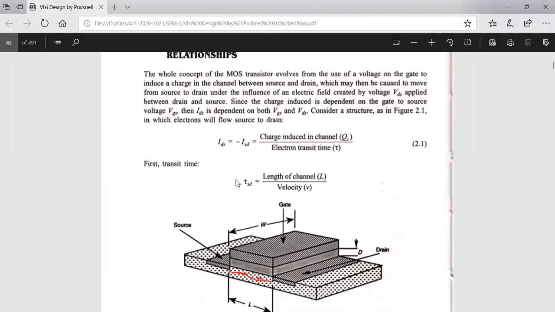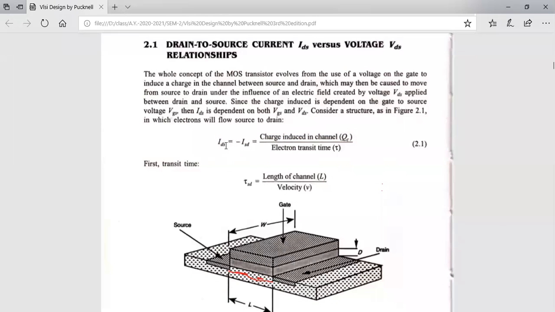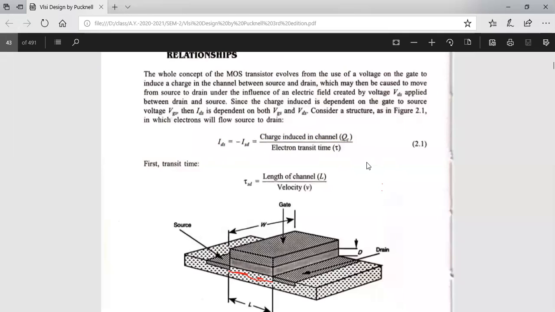We are getting the relation of IDS. How is this IDS going to depend? IDS is nothing but current, the current which is moving from source to the drain. Where is this current present? This current is present between the source and the drain.